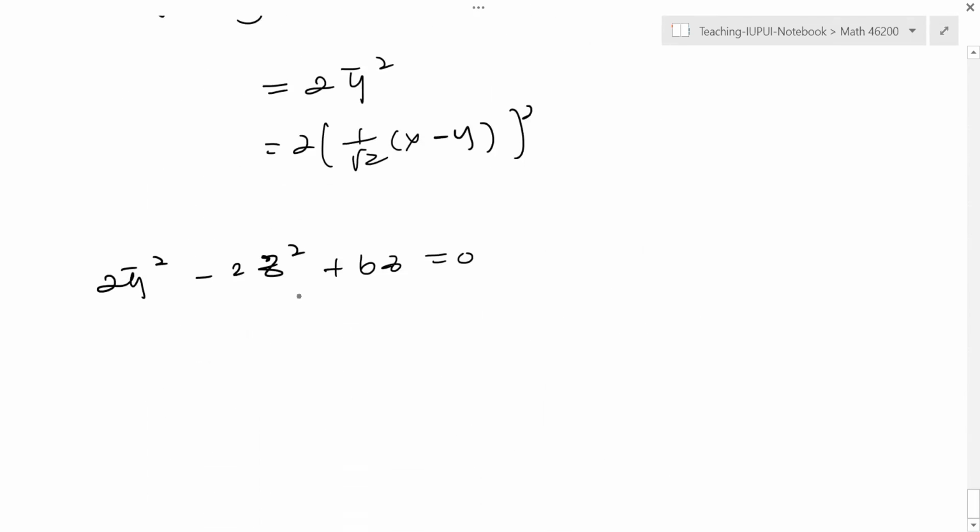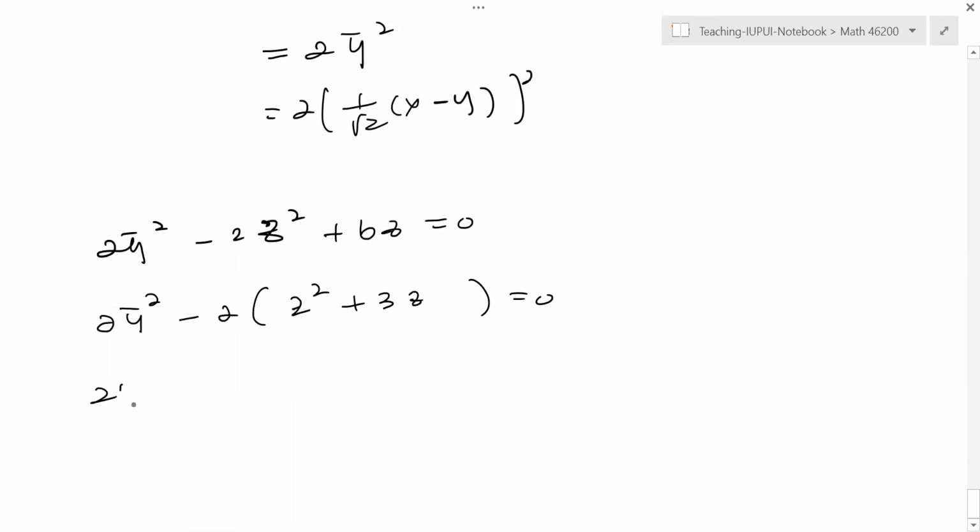Then you have to take a 2 out. That's the easy part, right? Then completing the square. So it will be z plus 3 over 2 squared minus 9 over 4. I skip a little bit. Okay.